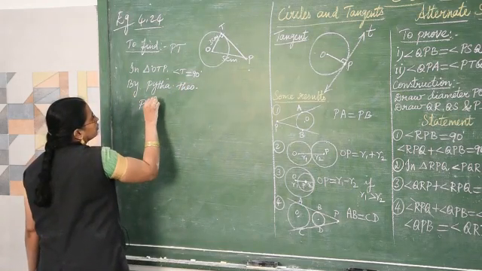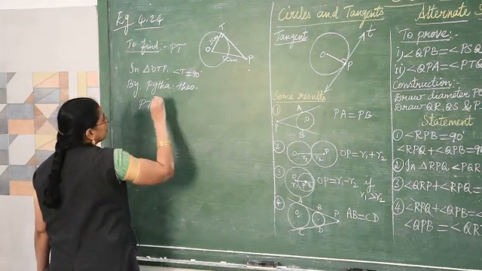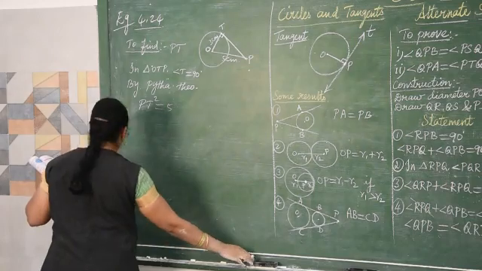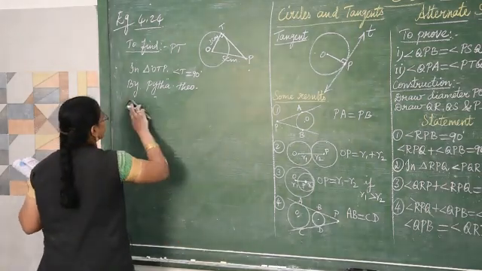hypotenuse square equals the sum of the squares of the other two sides. Which is the hypotenuse here? OP is the hypotenuse.